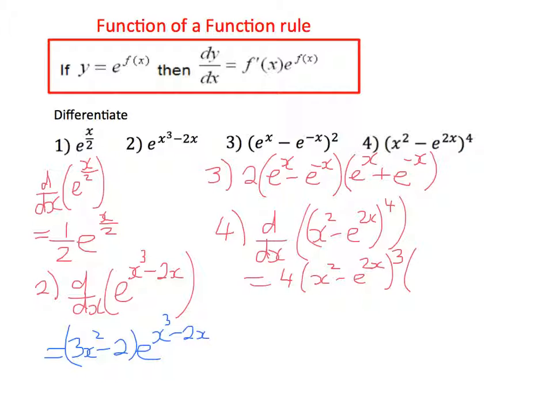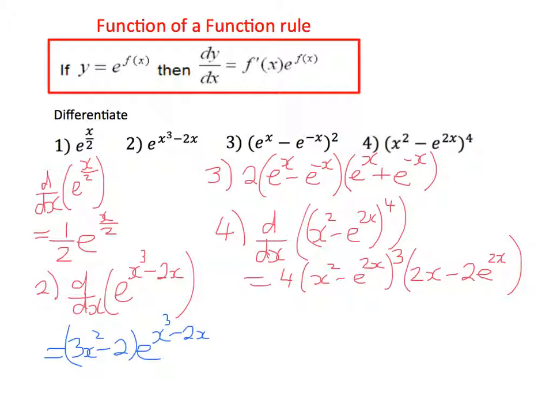So the derivative of x squared is 2x. The derivative of e to the 2x is going to be minus 2e to the 2x. So remember, that's differentiating the power, multiplying that by the original function. So let's close off those brackets.